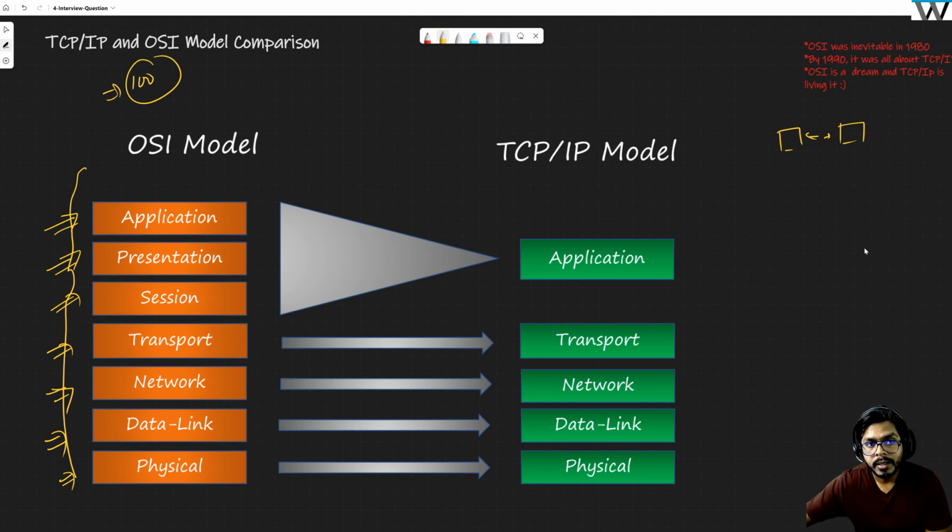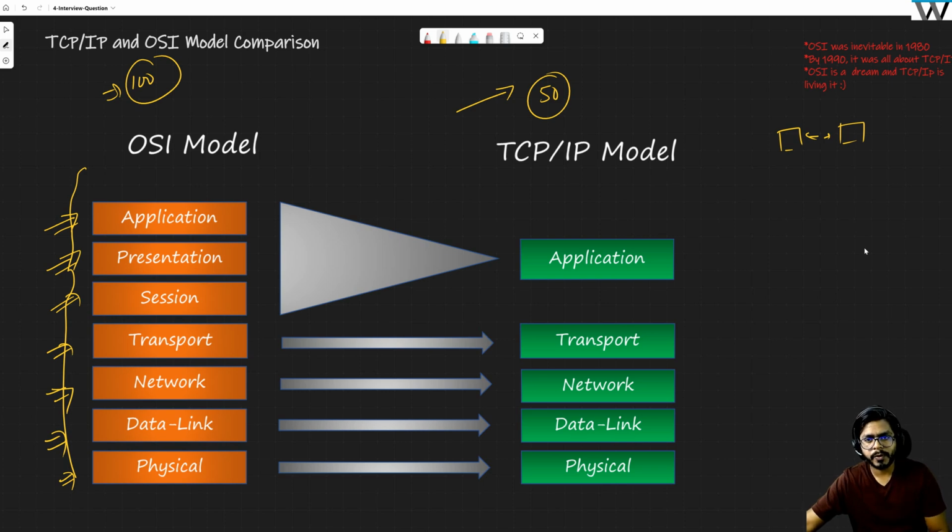But now there was another group of people around the same time, in the era of around 1970 to 1980. So there were OSI model people working there, and along with that there was another group of maybe 50-60 people, I'm just taking an arbitrary number, but this group was smaller compared to the OSI model group, right?